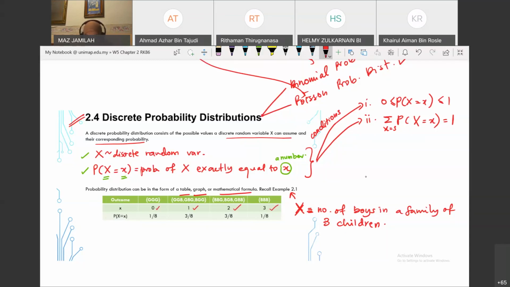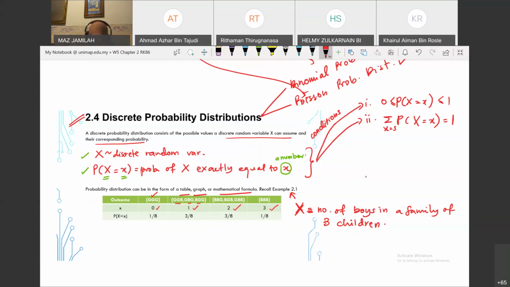What are the possible outcomes? 0 boys means that all the children are girls. For 1 boy, the first and second are girls and the third is a boy, or the second is a boy, or the first is a boy. So you have 3 events out of 8 possibilities.